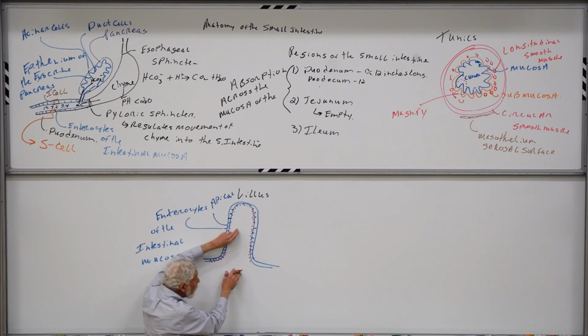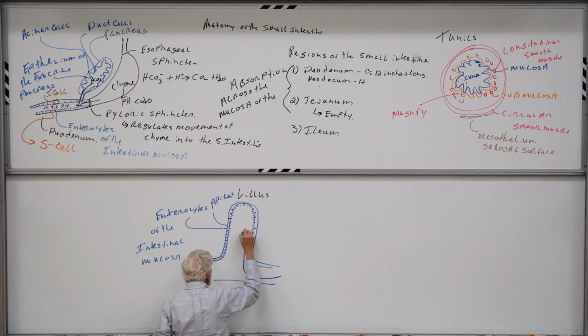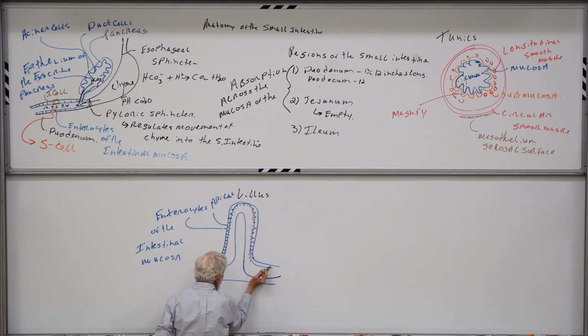But this extracellular space is occupied. It's occupied by an extension of a blood vessel. See if I can branch it.